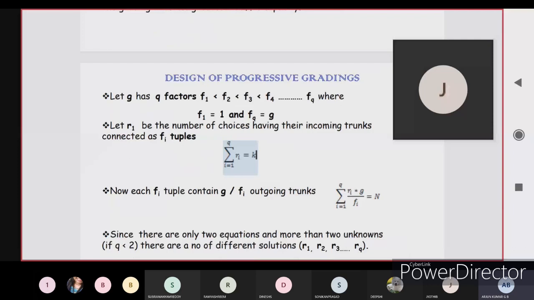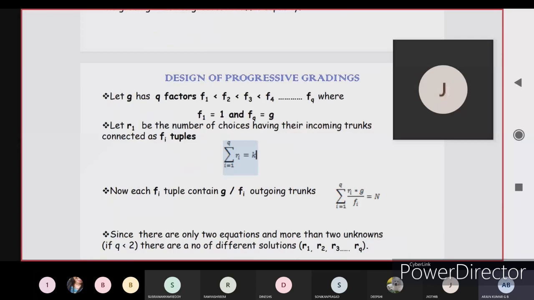The outgoing trunks length will be represented by the sum over i from 1 to Q of the choices of the incoming length into G by Fi. We get this equation, and we can calculate the number of incoming lines. Since there are only two equations and more than two unknowns, if there are two or three groups, we will get 2 to 3 equations.